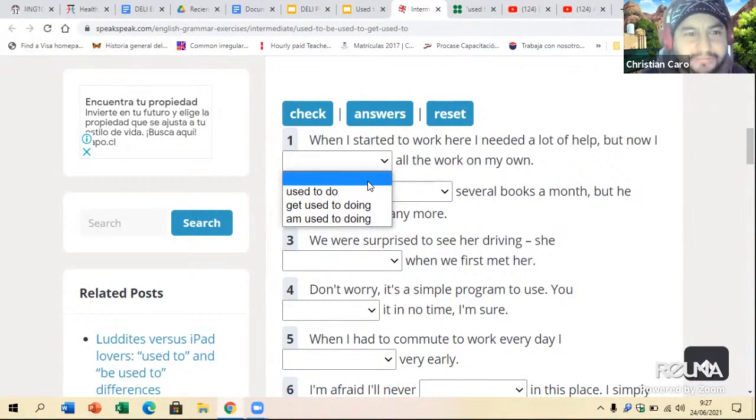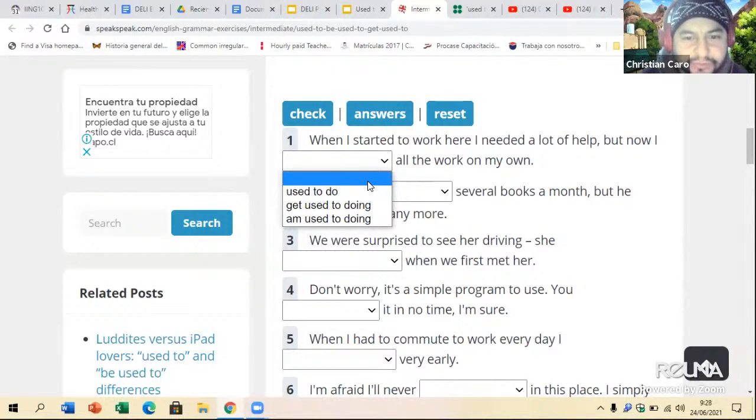What do you guys think? When I started to work here, I needed a lot of help, but now I blank all the work on my own. Catalina dice get.